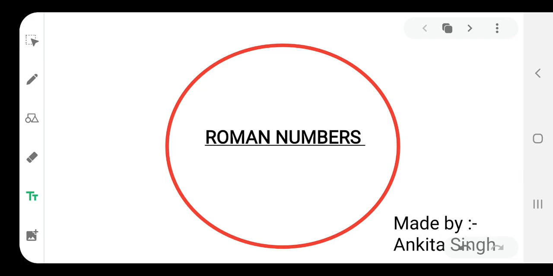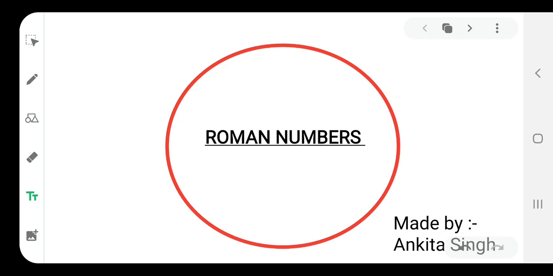Roman numbers or Roman numerals are the things which in the ancient time Roman people used to use these alphabets to represent different numbers. Romans were the people who used to live in a city or a place named Rome.